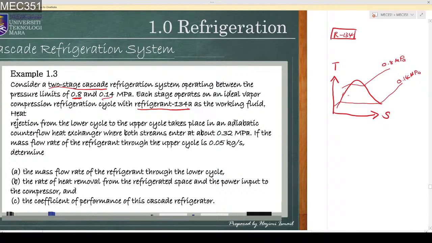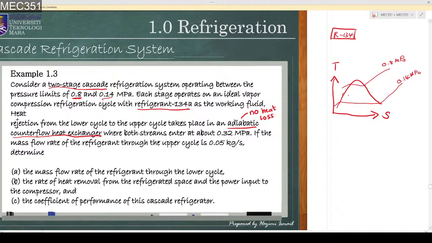Okay. Heat rejection from the lower cycle to the upper cycle takes place in an adiabatic counter flow heat exchanger. The most important information here is the term adiabatic. Adiabatic means no heat loss.